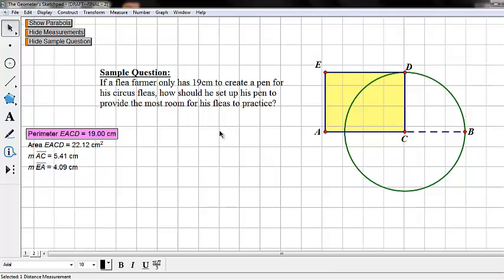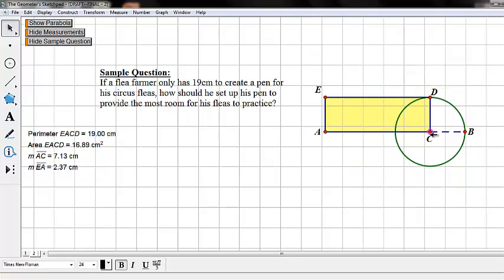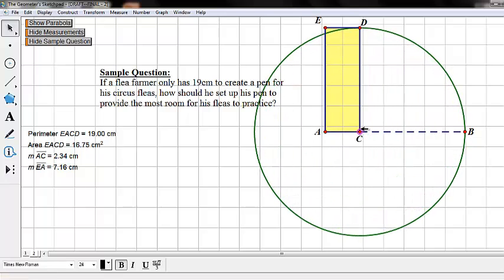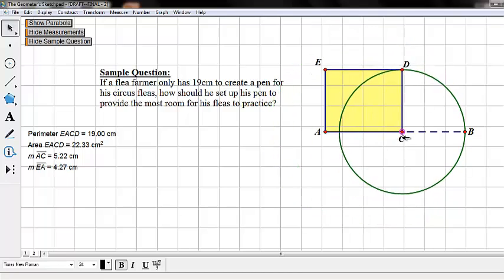And as you can see, as I move point C, the radius changes, which means CD changes, which in turn changes AC because the perimeter has to stay at 19 centimeters. And as you see, I can move point C and the area changes, but the perimeter always stays at 19.